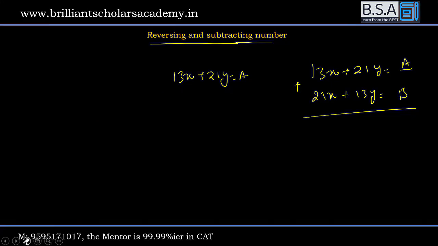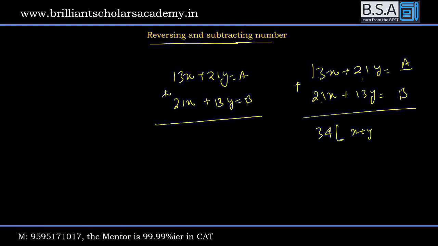You can save a lot of time. First of all, coefficients are 13 and 21. Multiplying, you will end up with 13 squared, 21 squared. Rather than doing such silly things, you add them. This will become 34 and 34. So it will become 34 times of x plus y is equal to a plus b. Here, if you decide to subtract, it will become minus 8 and plus 8. So 8 times of y minus x is equal to a minus b.